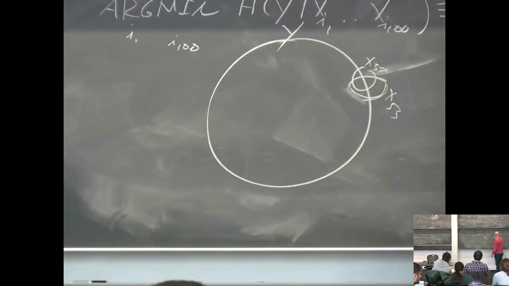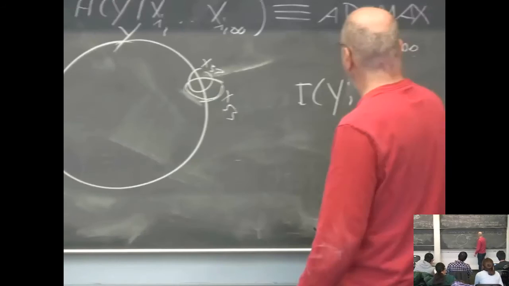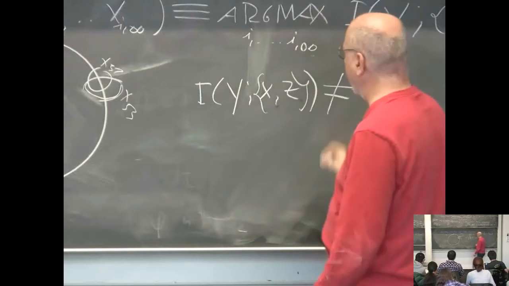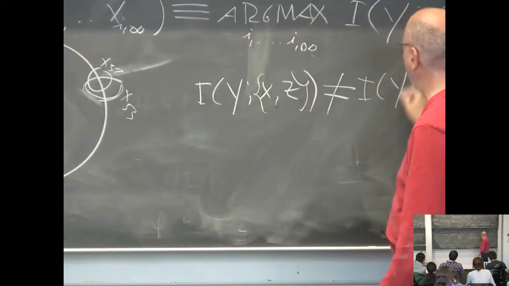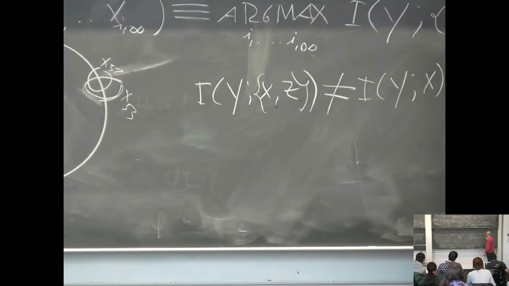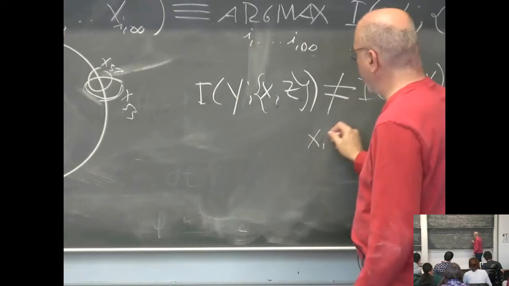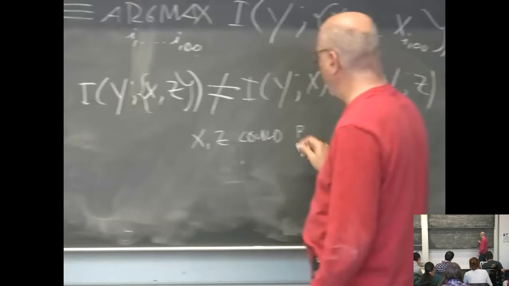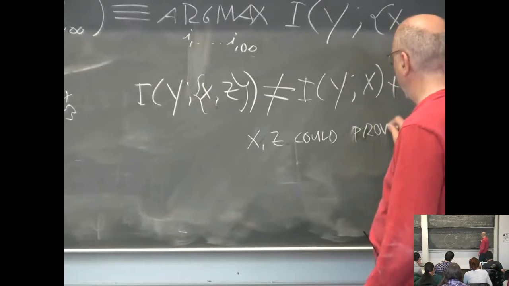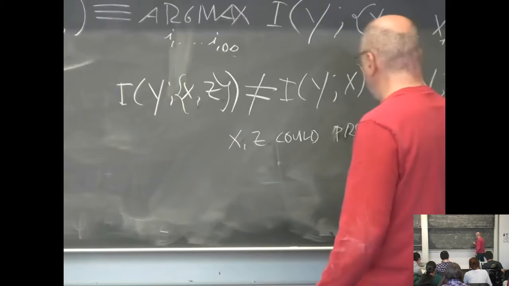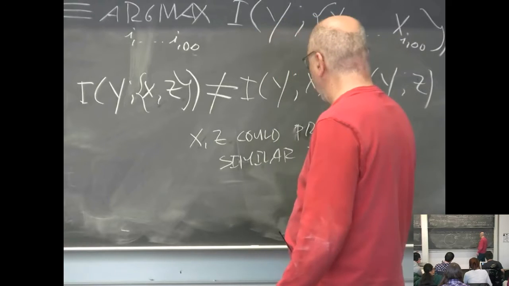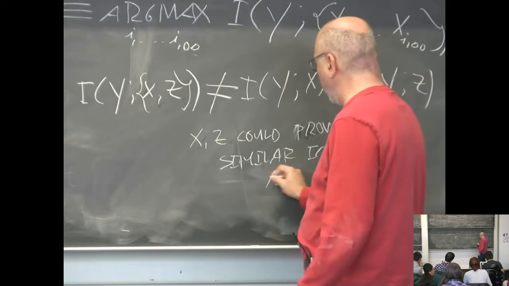The mutual information between y and x and z together is not necessarily the sum of the mutual information between y and x and the mutual information between y and z. x and z could provide similar info about y.